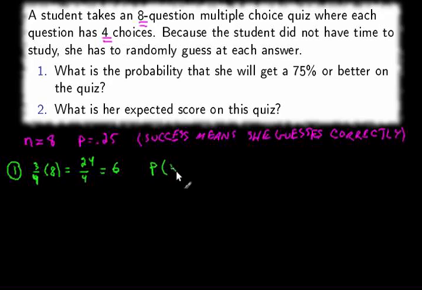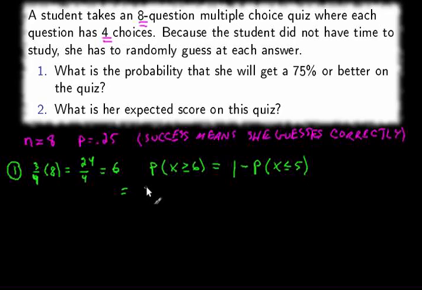So we're being asked for the probability that x is greater than or equal to 6, which is exactly the same as the probability of getting any number right from 0 through 8 minus the probability of getting less than 6, that is, less than or equal to 5.